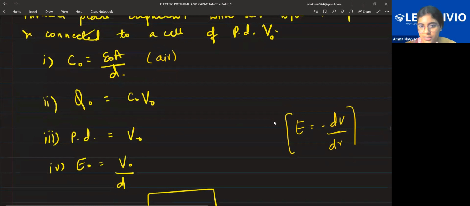Charge is C naught V naught. This is the value of the charge. Then potential difference is there. Then electric field is there. Whatever values there are for the potential difference, it will be exactly for the electric field, because the electric field depends directly on the potential. So E is equal to minus dV by dr, right? That's why we have this.